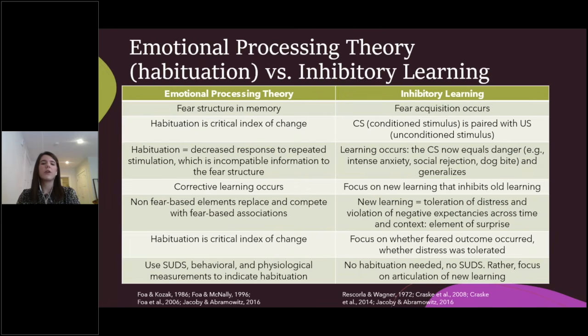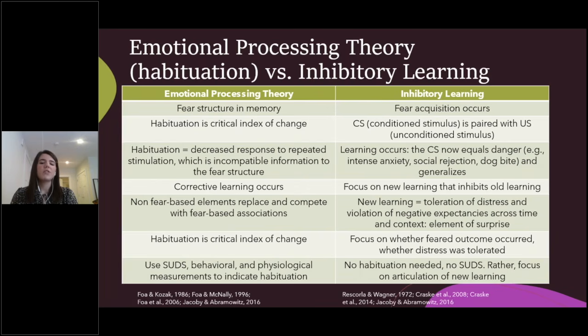Therefore, learning occurs. For example, this conditioned stimulus that was once a neutral stimulus, maybe it's a person, for someone with social anxiety, the conditioned stimulus could be just a person or a group of people, now equals danger. So for example, intense anxiety or social rejection or a dog bite, could be anything, and then it generalizes.